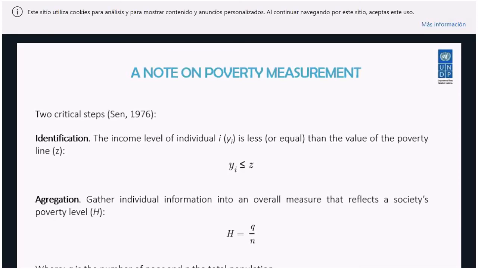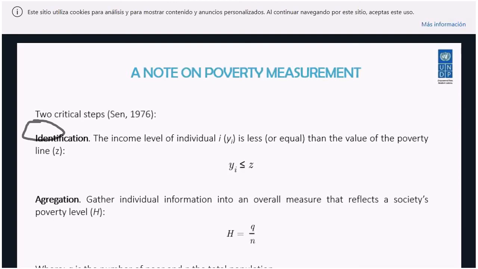So individuals are poor if their income is below or at least equal to the poverty line, right? And then the second step that Amartya Sen suggested is, okay, we have identified who are the poor. So how can we express those individual figures in terms of a summary indicator for the whole population?